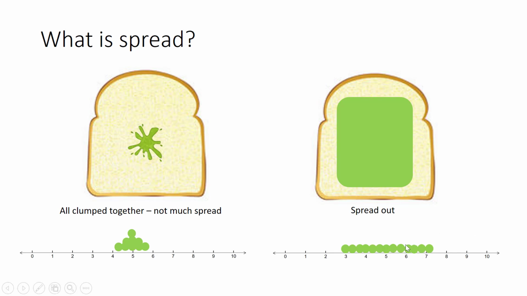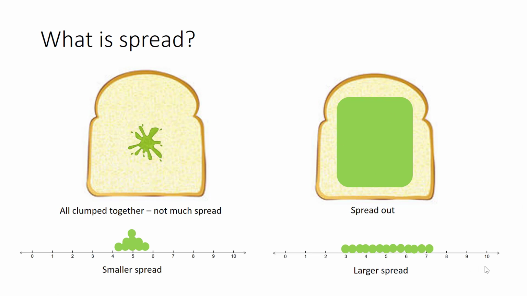Over here, you can see also that there is an average of 5, but they're much more spread out or dispersed. So on the left-hand side, we have examples that have smaller spread, and on the right-hand side, we have examples that have a larger spread.